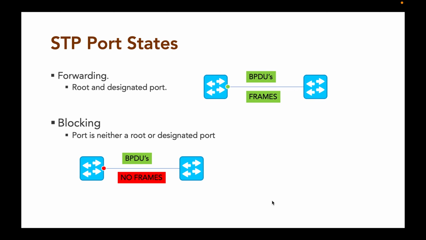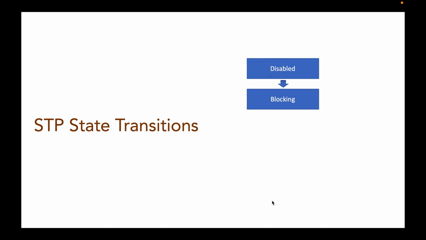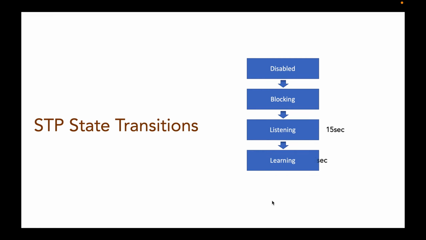So let's go ahead and see how STP state transitions take place. When a port is enabled, STP moves an interface from blocking to listening if the forward delay timer expires. The port transitions to the learning state, and again after the forward delay timer expires, it transitions to the forwarding state.